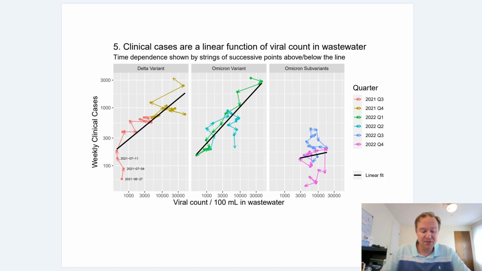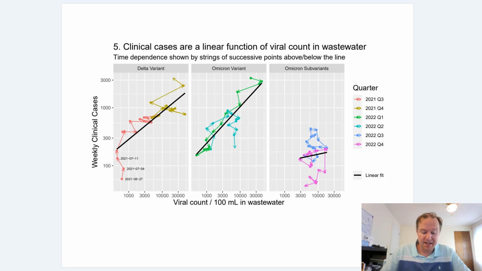It shows that the linear relationship was strong during the Omicron and Delta variant periods, but weak in the last Omicron subvariant period. Also, the long run of points that are above or below the straight line fit demonstrate time dependence in the data.